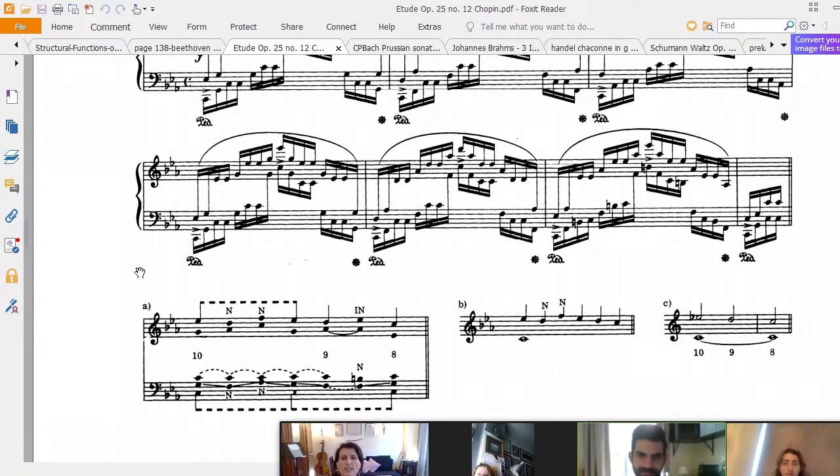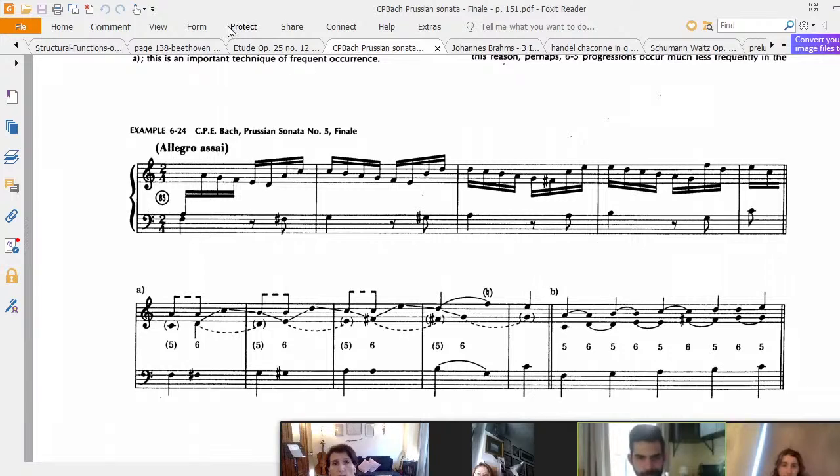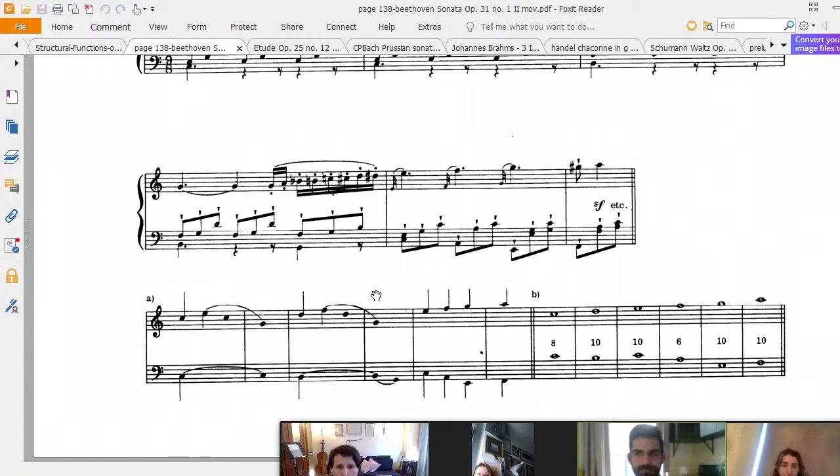The Schenkerian analysis has all the symbols that we're going to learn, but I cannot go on with everything now. Neighboring note is true. Incomplete neighboring is IN. Then you have these prolongational, melodic prolongation. You have lots of things, lots of symbols.